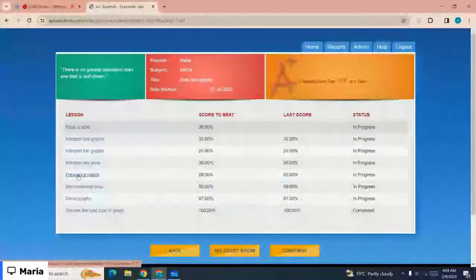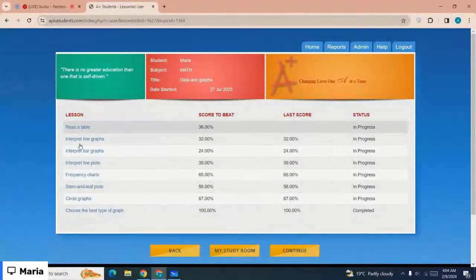Okay, let's just start with the frequency charts. Do you know which lessons you've covered in the last lesson? I think maybe that's interpret line plots, isn't it? Okay, let me just be hold on. Hold on, let me see then.